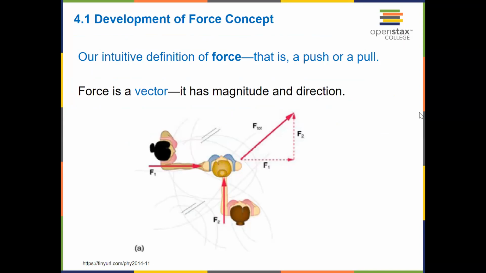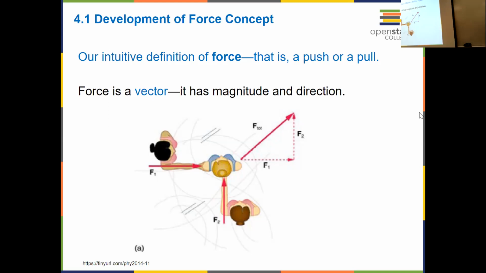We didn't talk about what causes an object to move in the initial place. Basically, a force will cause an object to move, right? Because if you give an object a force, then it's going to move in the direction the force is applied, okay?